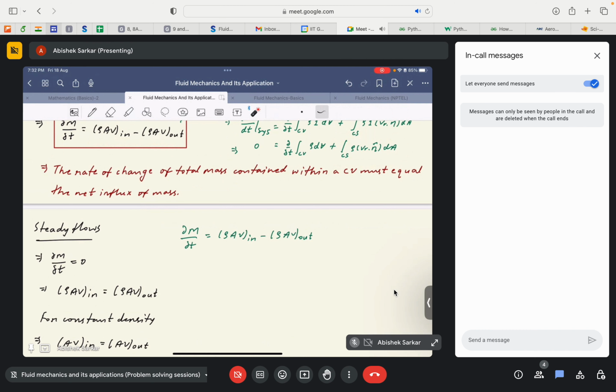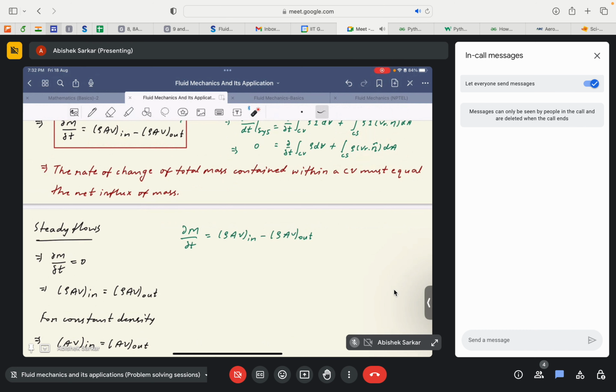Here, the density of the fluid will be equal throughout the pipe, assuming that it's incompressible, and the area is also equal. And here we will be having V_R, which is the relative velocity of the fluid with respect to the normal vector.